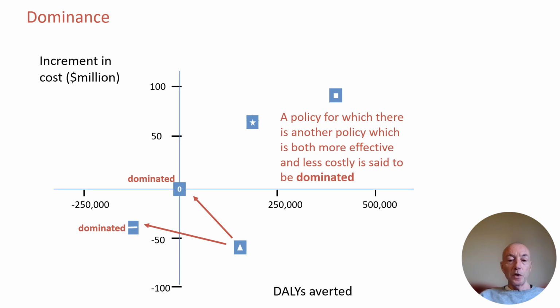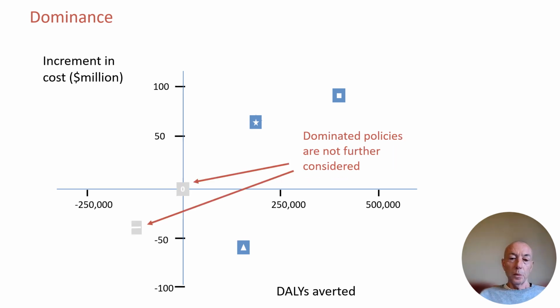And so those two policies are dominated by the policy from which the arrows come. So we would never consider those policies above the policy which was dominating them. So they're not further considered.